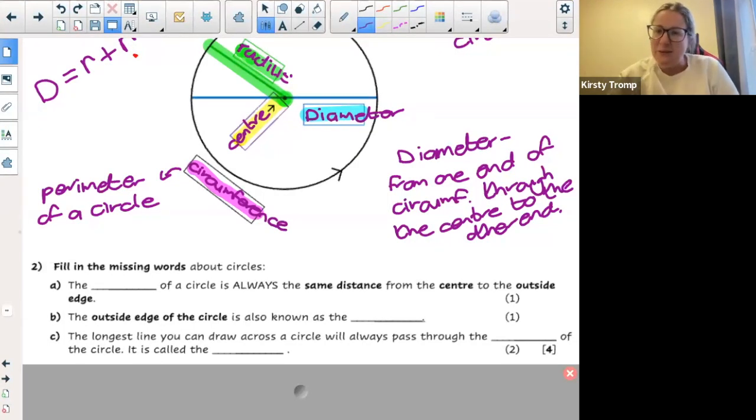I wanted to ask if there are more parts of the circle that we didn't learn about. Yes, there are different parts. There's a thing called an arc, which is a piece of the outside. Sometimes we get something called a segment as well. But you don't really need to know all those in grade 7.